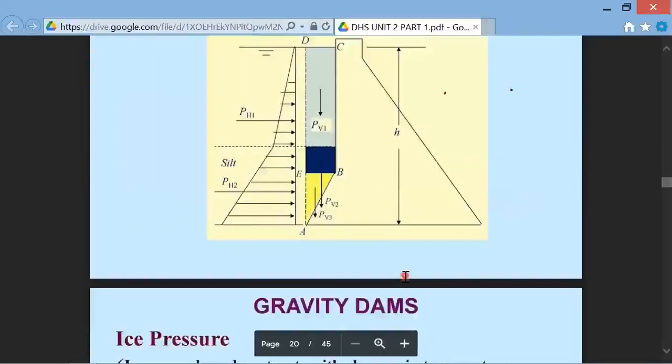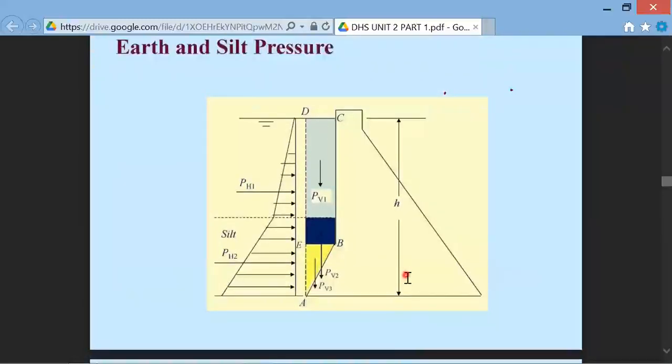Now again the same diagram is there. Now in this diagram, which new thing is there? Silt is given here below this water. Now the diagram changes. Why did the shape of this triangle change? The shape of this triangle changed on the upstream side because of the presence of this silt. Before this, we were not considering this silt.